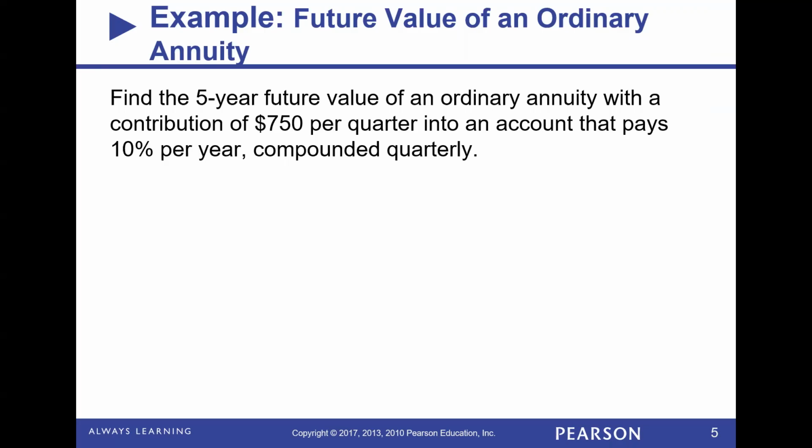The first thing I started to see was the 5-year future value of an ordinary annuity. First of all, they even use the word annuity, but I also saw that it is compounded quarterly, and there's a $750 contribution per quarter. That's a payment per quarter. Again, they may not use the word payment, so that's why I said it's something that's recurring.